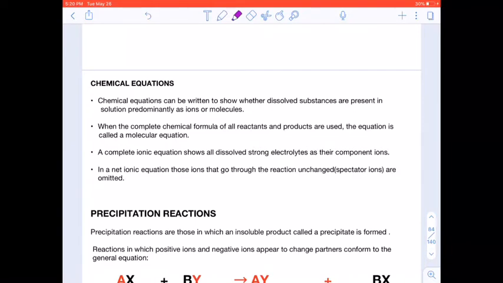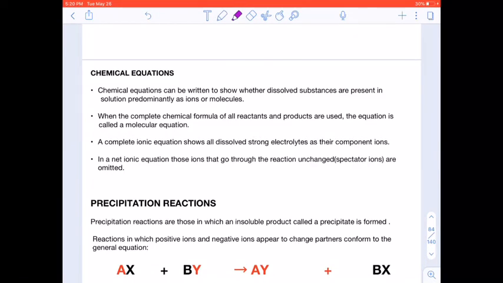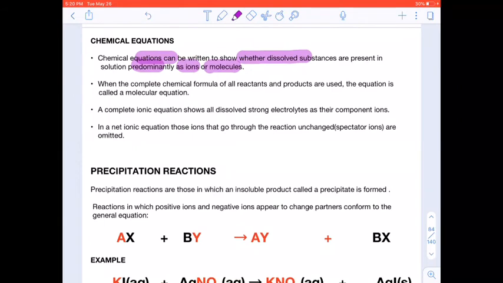Right, now if we look at chemical equations, they can be written to show whether the dissolved substances present are predominantly ions or molecules.